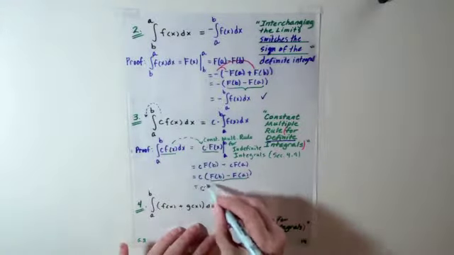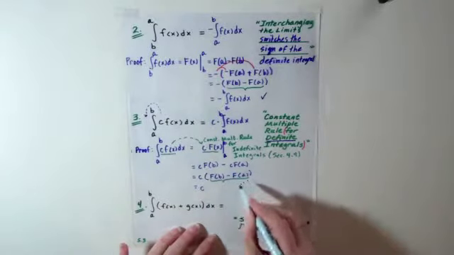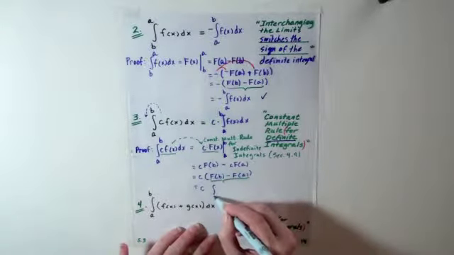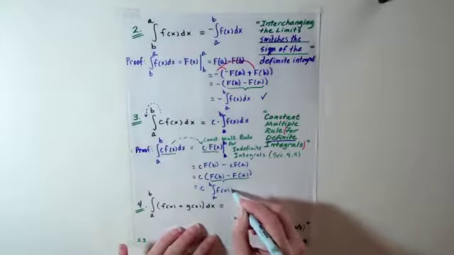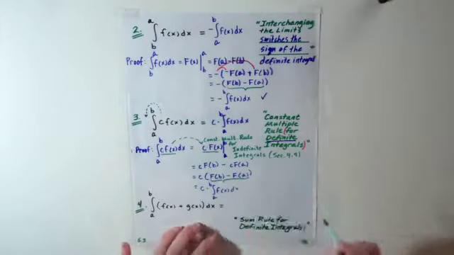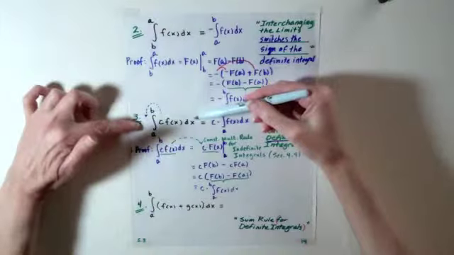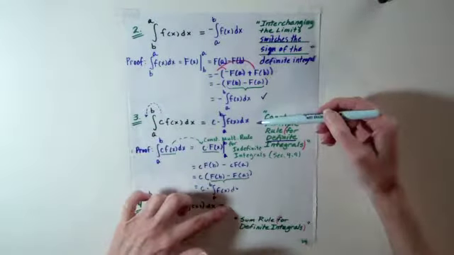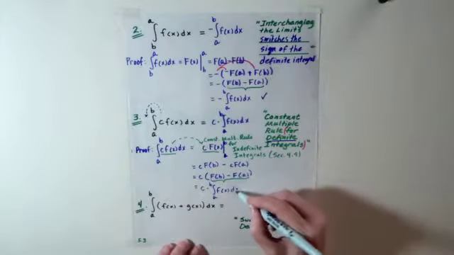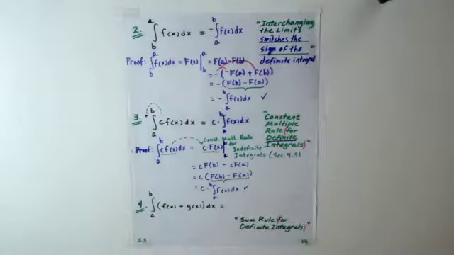So this would be c times, and this thing inside the parentheses is simply the integral from a to b of little f of x dx. And so we've gone from the left-hand side of what we wanted to show step by step to the right-hand side. And so now we have proved that third property of definite integrals.